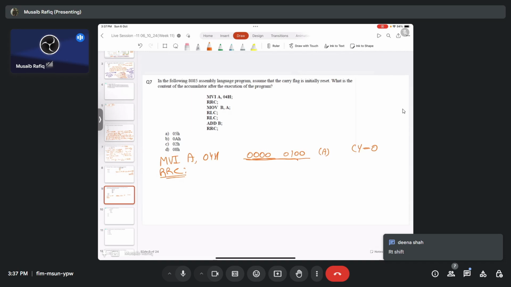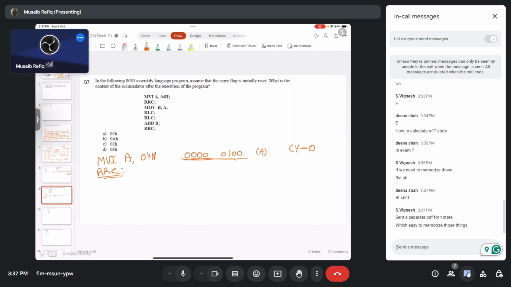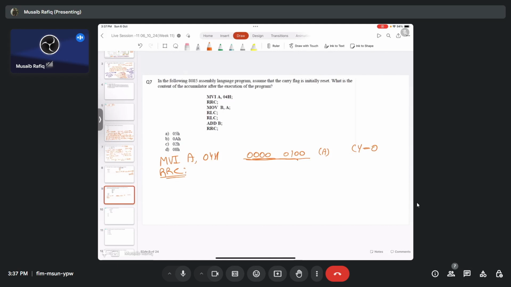So when we do the right shift in binary, what does that mean? Right shift in binary is simply a divide by 2 operation.